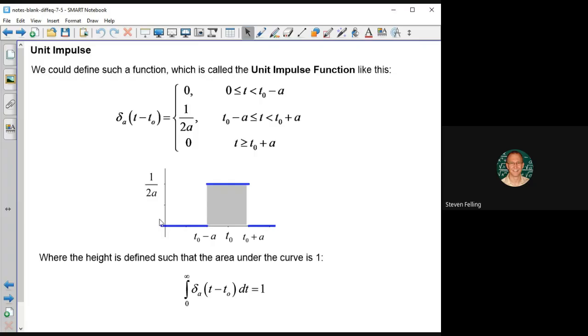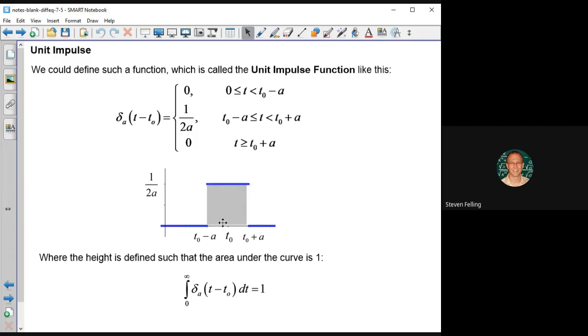The function is defined to be 0 until we get near that time, and then we surround the time of application with a small distance: t0 minus a and t0 plus a, where a is understood to be a small amount of time. The force is applied beginning at t0 minus a and continues until t0 plus a. Then we adjust the height so that the area under this curve is equal to 1.